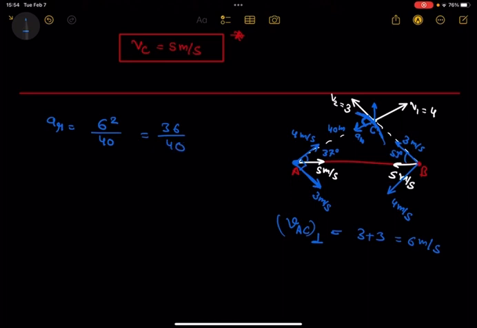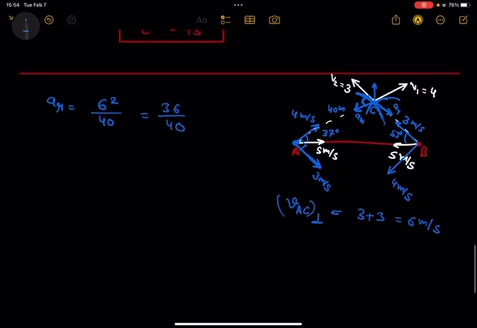My dear friend, if the particle is going like this, then another acceleration is acting in this direction. This is the other acceleration, AT.